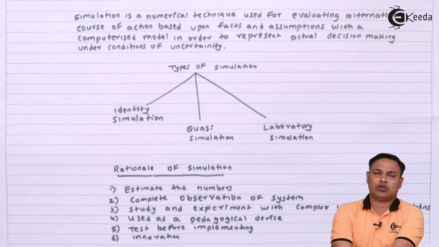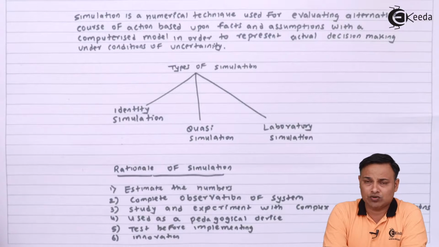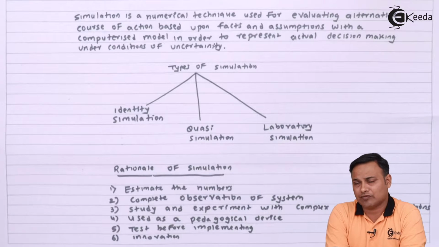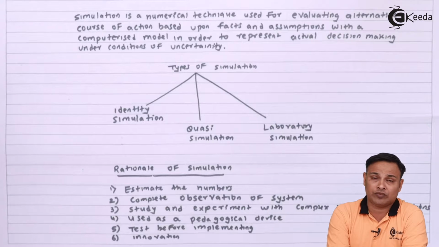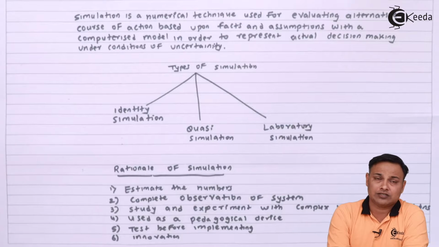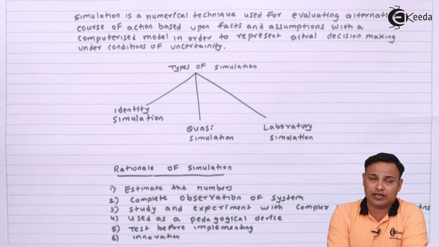The next big use of simulation is as a pre-testing model. Simulation can be used for testing some of the medicines which are never tried on human beings, and then they can be tried on certain other animals just to test their behavior or reaction to that particular medicine.